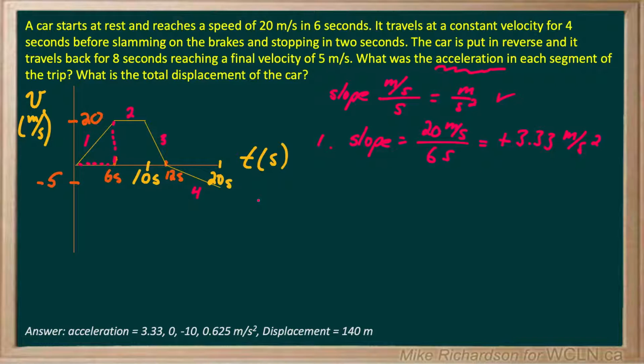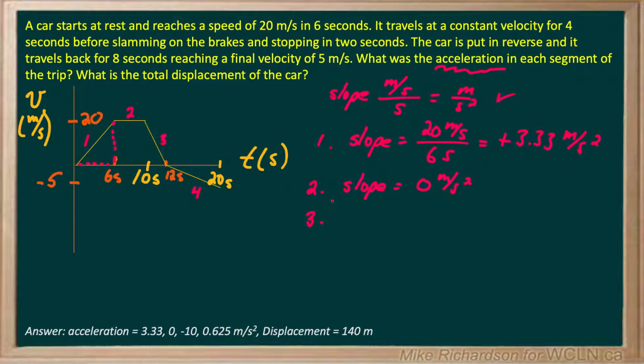So I'm accelerating at 3.33 meters per second each second. Region 2 is flat, so the steepness of the line is 0. No acceleration. Now remember, acceleration is the rate of change of velocity, and it says it's a constant velocity, so that means you're not accelerating, you're not changing your speed.